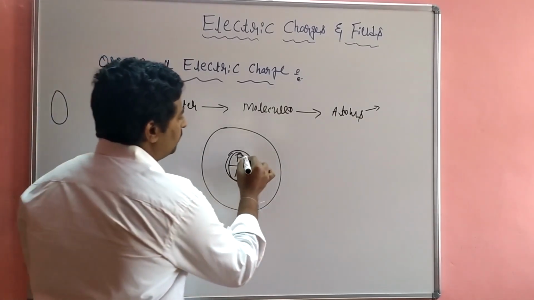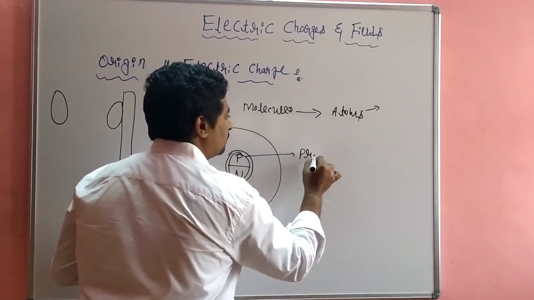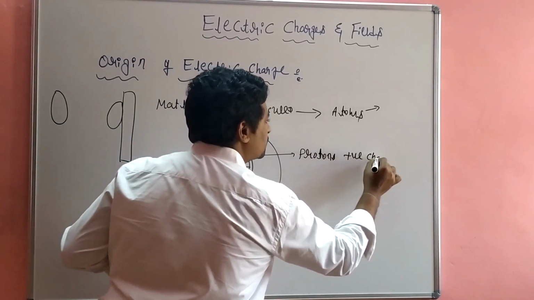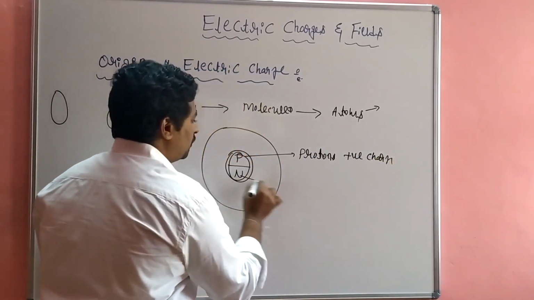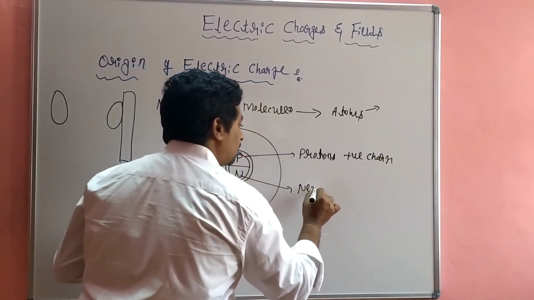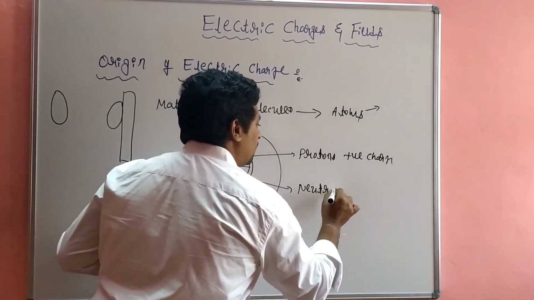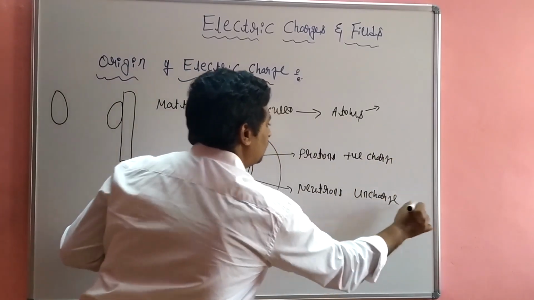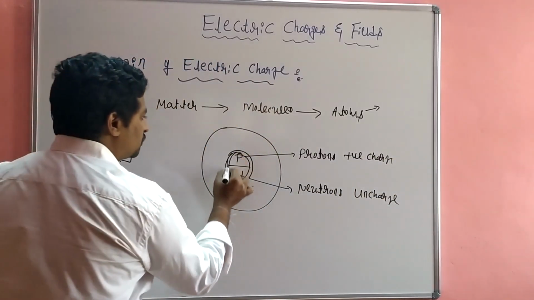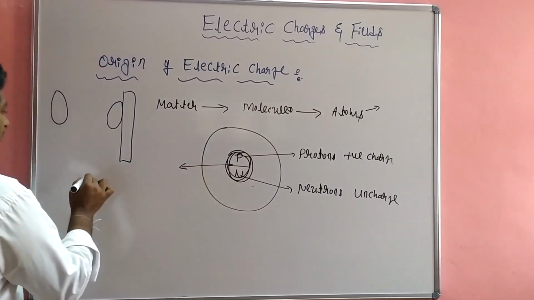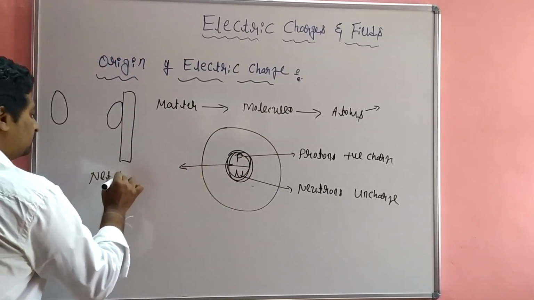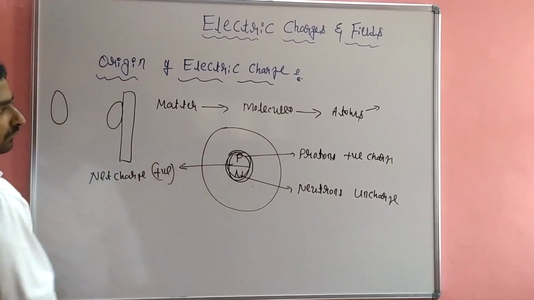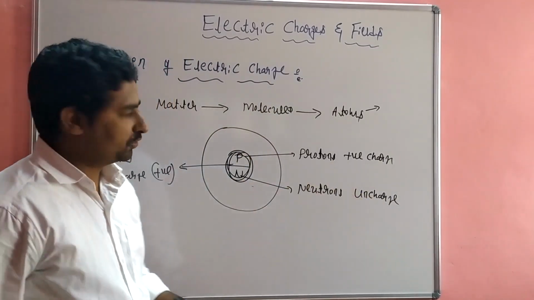The protons are positively charged. Neutrons are uncharged. So what about the net charge in the nucleus? The net charge is positive, because the neutrons are uncharged.